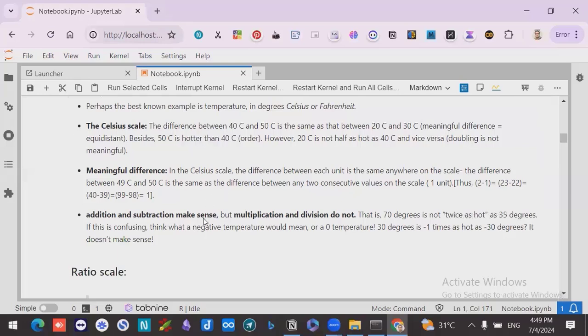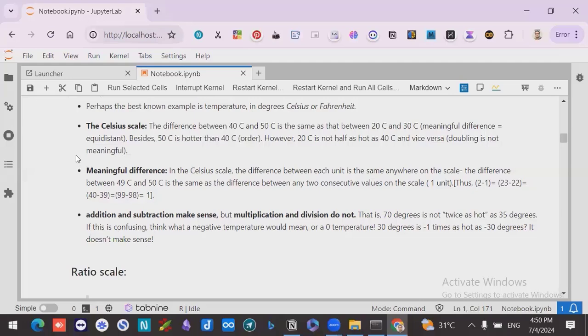Addition and subtraction make sense here, but multiplication and division do not. So 70 degrees is not twice as hot as 35 degrees. 75 degrees is greater, but not double 35 degrees. If this is confusing, I give it here: negative temperature is also presented, so at zero temperature, 30 degrees is not -1 times as hot as 30 degrees.